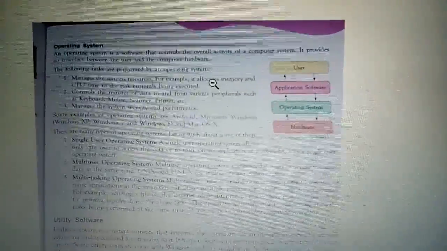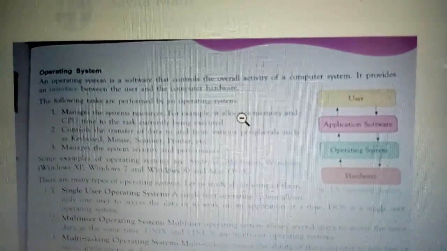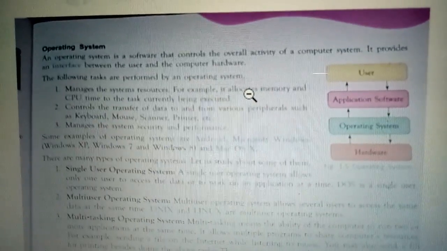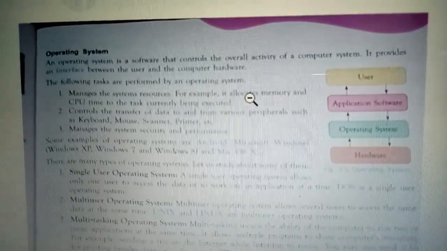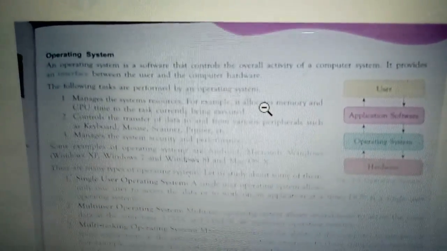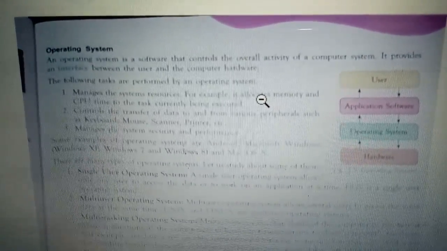Now what is operating system? So let's study about the operating system. An operating system is a software that controls the overall activity of a computer system.